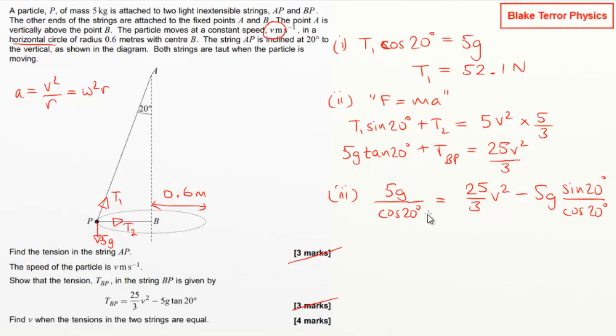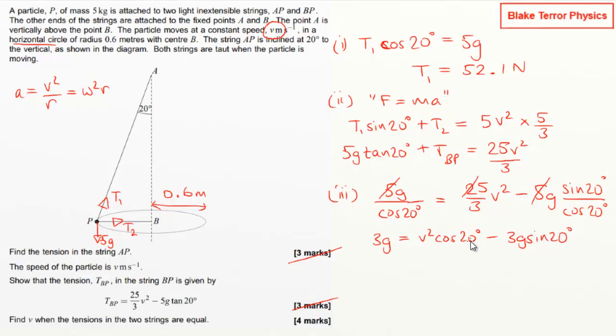Right, let's get everything on the flat because we don't like all these fractions floating around, and we can divide everything by 5 as well. Then we can multiply everything by 3 cos 20 degrees. So we're going to have 3g is equal to v squared cos 20 degrees minus 3g sine 20 degrees.